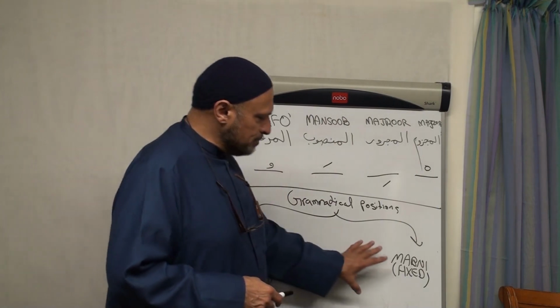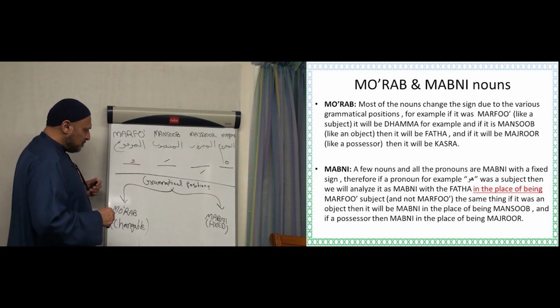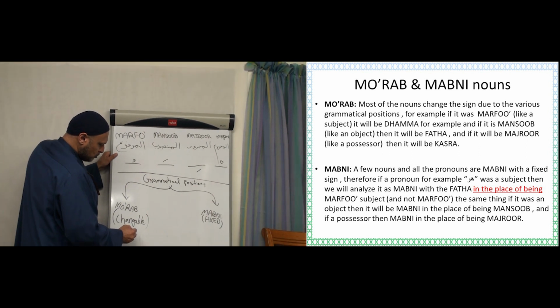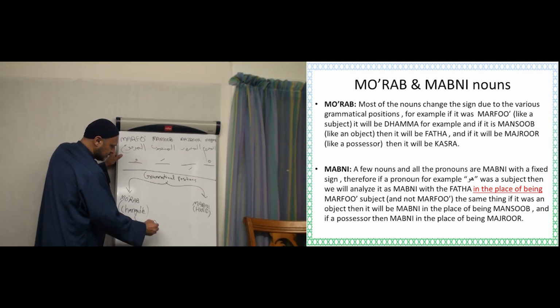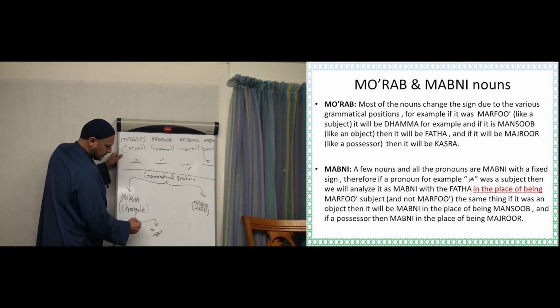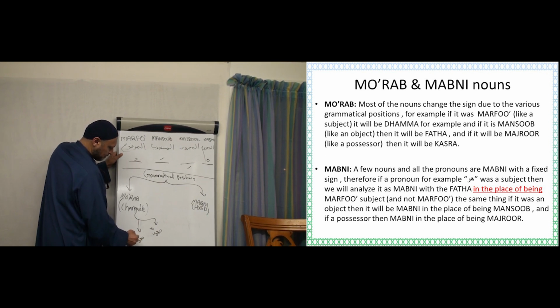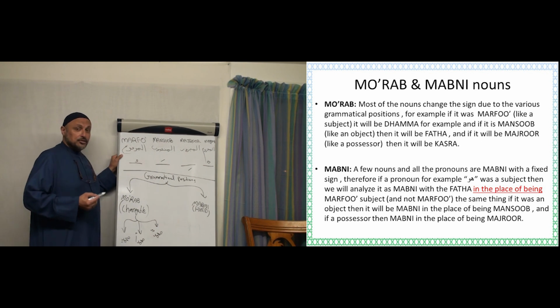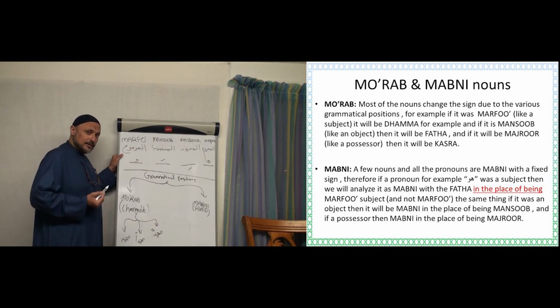For mu'arab, I can take an example of a noun. So we have Muhammadun, see the double dhamma. Muhammadan. Muhammadin. On, an, in. Three signs changed.